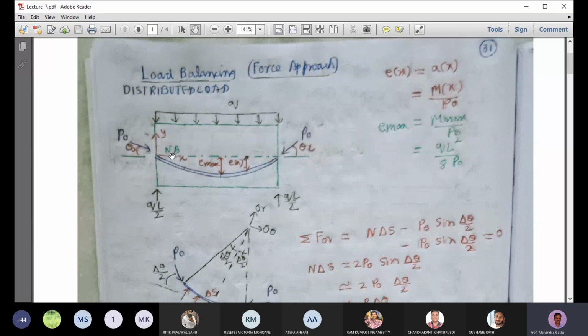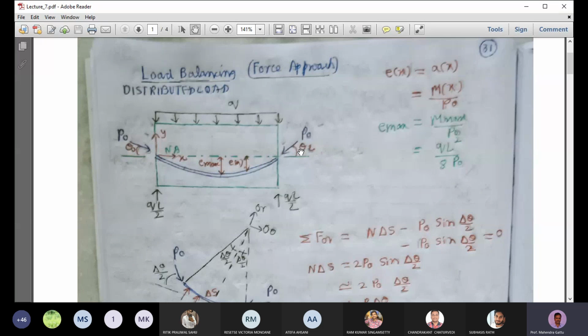So we have here a beam, and we have that pre-stressing cable, which is parabolic in shape, and we have that external load. It is a uniformly distributed load of intensity q. The pre-stressing force is P naught, and the angle which P naught makes with the neutral axis is theta naught at the left edge, and theta L on the right edge.